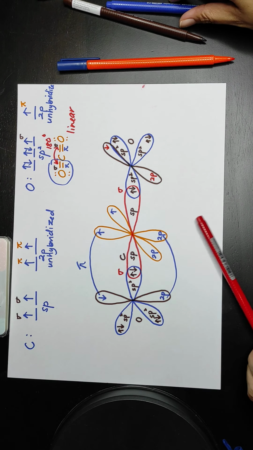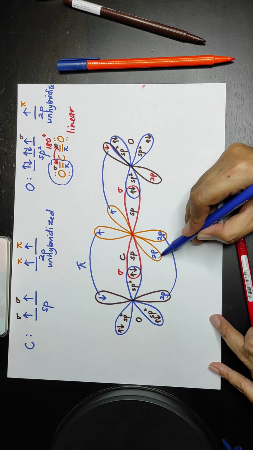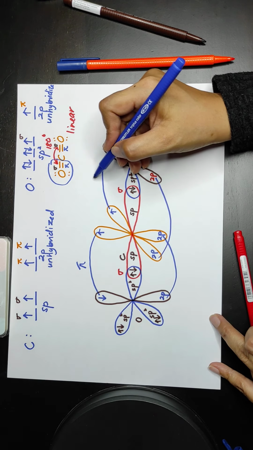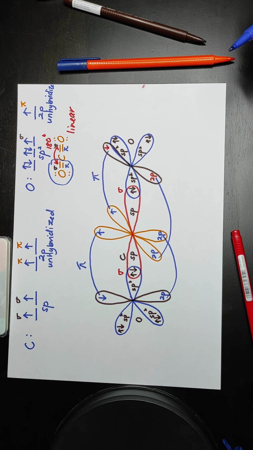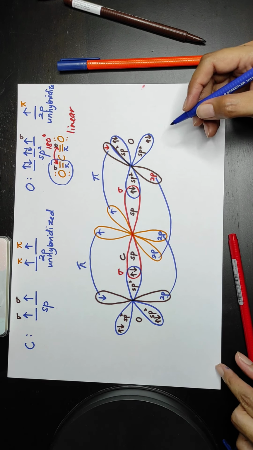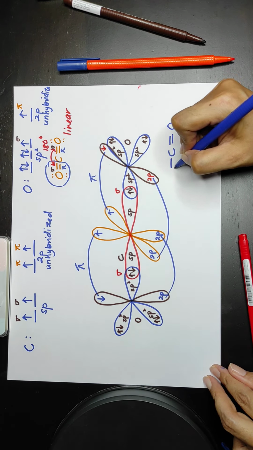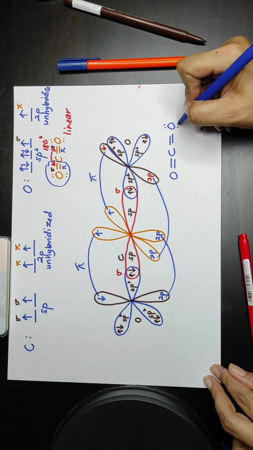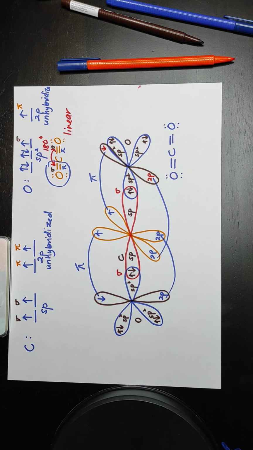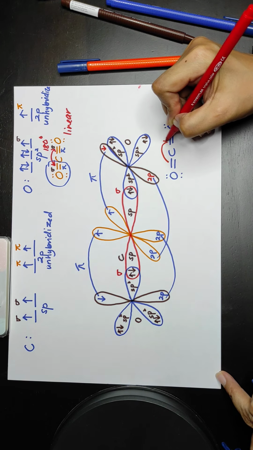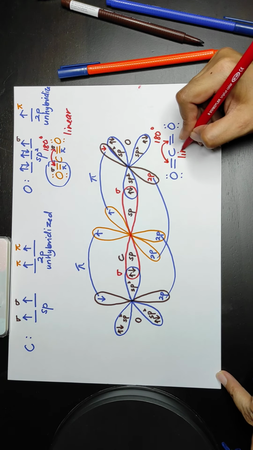When these orbitals overlap, it forms another pi bond. And if you compare with the molecular shape of carbon dioxide, the orbital overlapping is aligned. So carbon dioxide has a linear shape with bond angle 180 degrees.